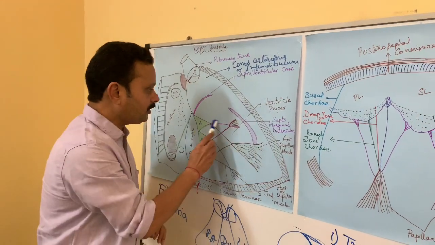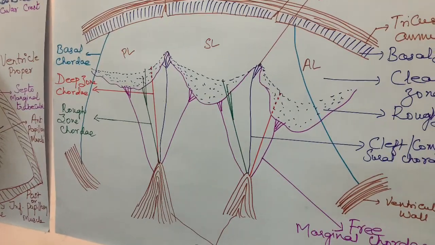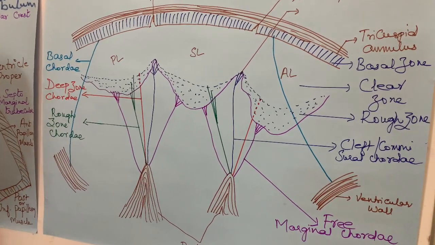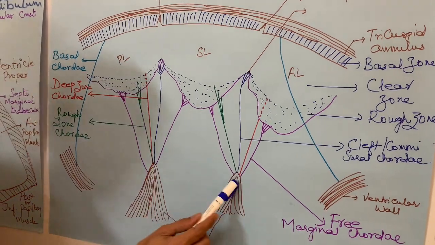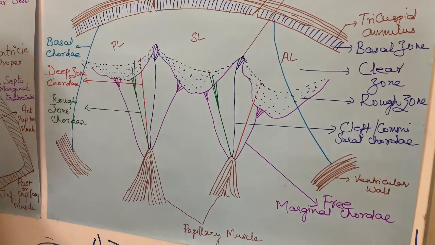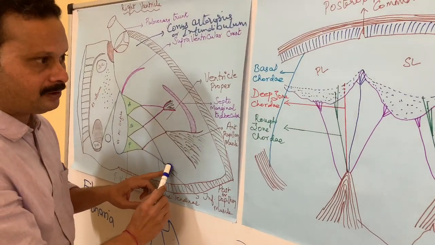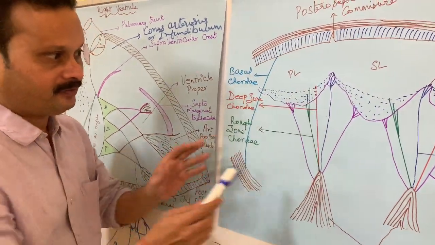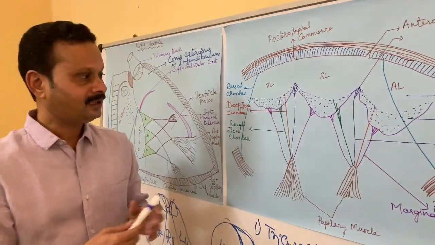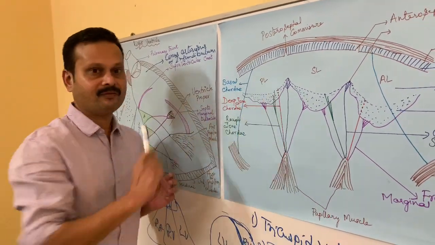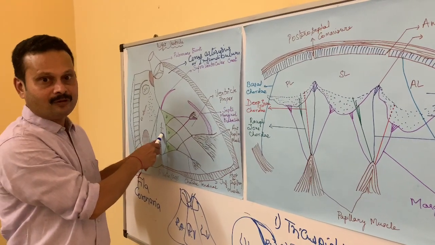Next one, we'll talk about the chordae tendineae. Chordae tendineae are endothelial lined collagenous threads which extend from the apical portion of the papillary muscle to the leaflets, and are important in regulating the valve opening and closure.